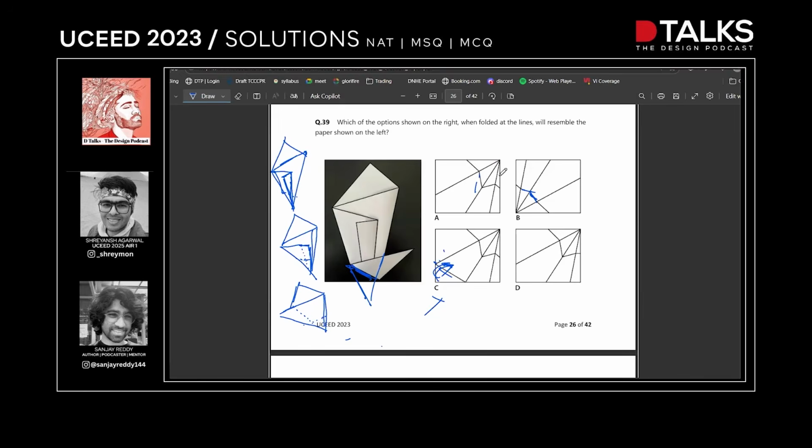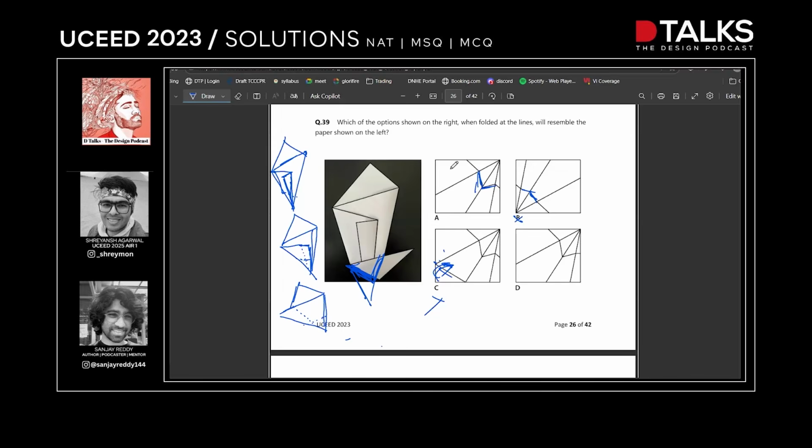This particular part will come from this. And if you look at this one, it's something like this. It's a pretty deep fold. That's why B will be wrong.